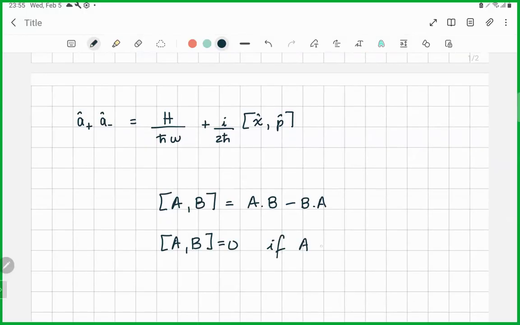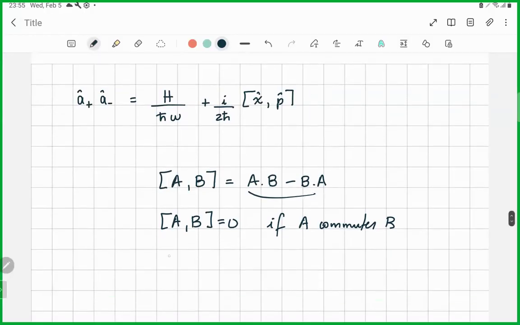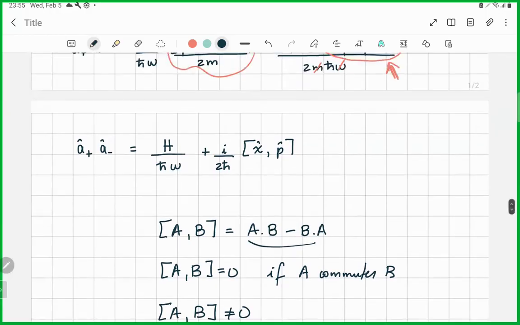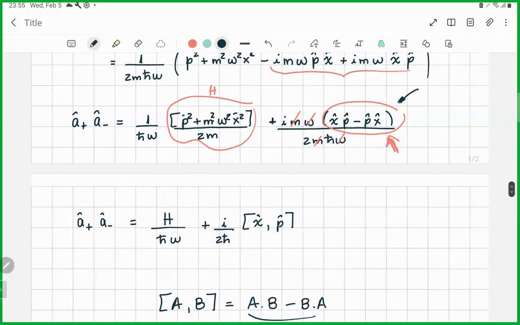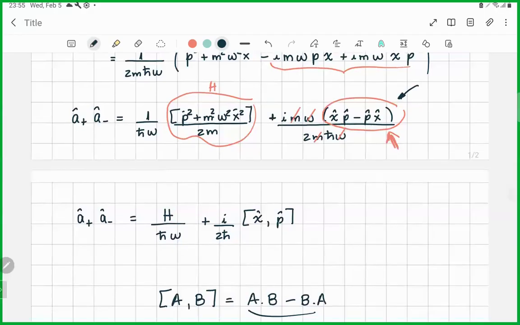What does it mean? That the order doesn't matter. And we say that they do not commute if this is different from 0. So if you learned linear algebra, you know that matrices usually do not commute, that the order of the multiplication of matrices matters. And the order that we use for the operators matters. That's what we are showing here.